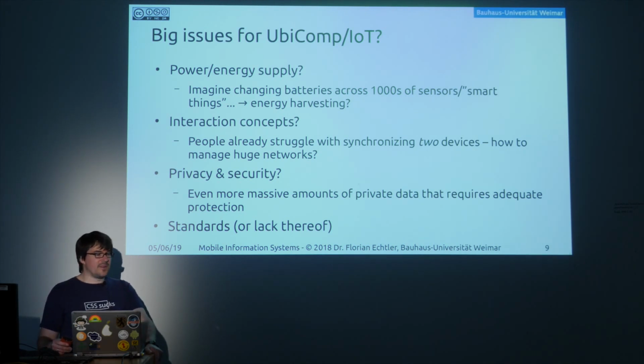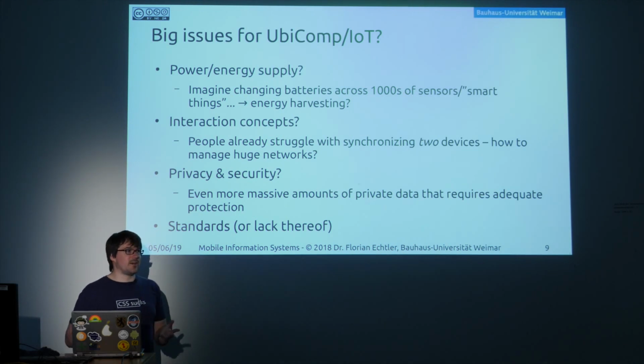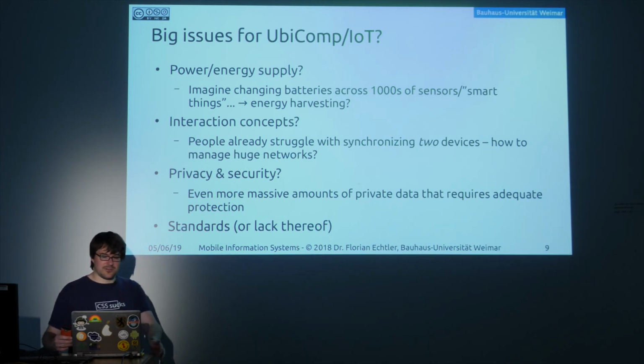And it's also something, if you have hundreds of personal devices that somehow have some kind of connectivity, then you wouldn't usually want to manage them all one by one. So often you already have problems to synchronize just your phone and your laptop, for example, to keep that properly in sync. If you have hundreds of devices, you don't want to manage that manually.